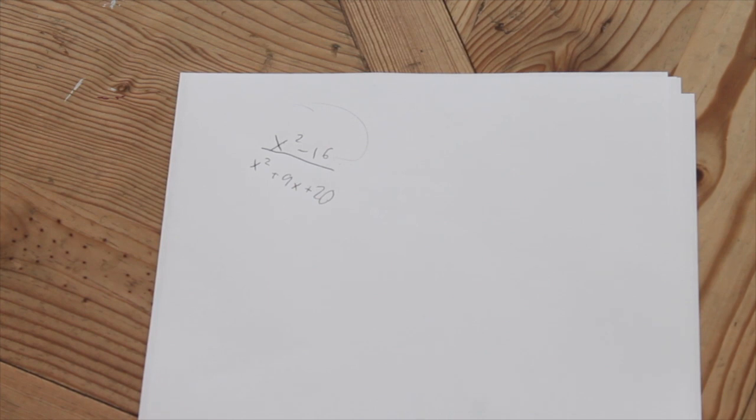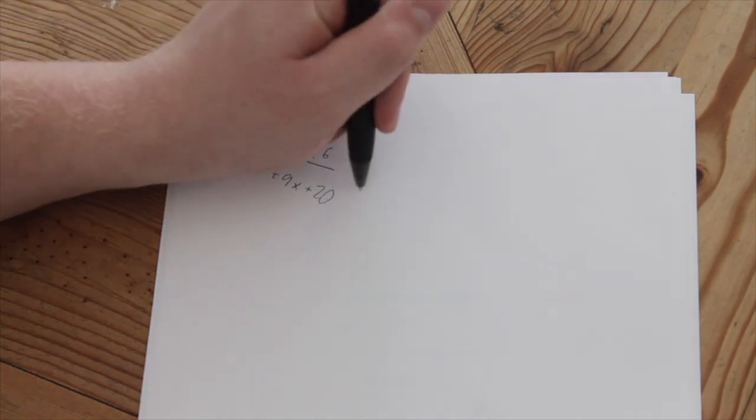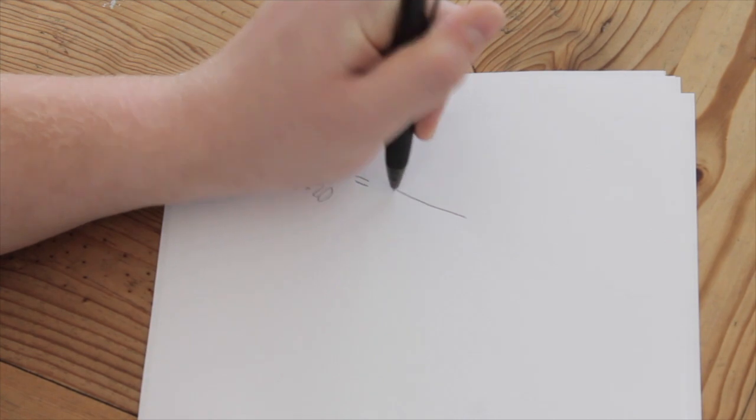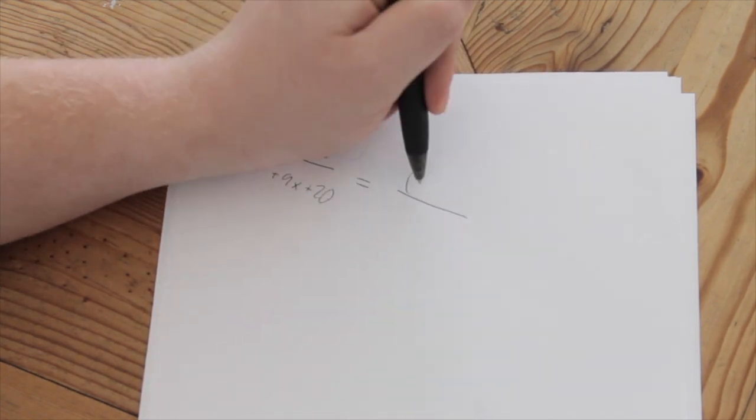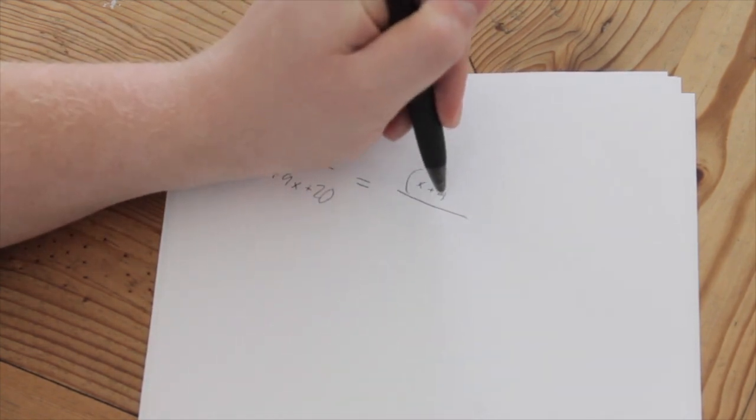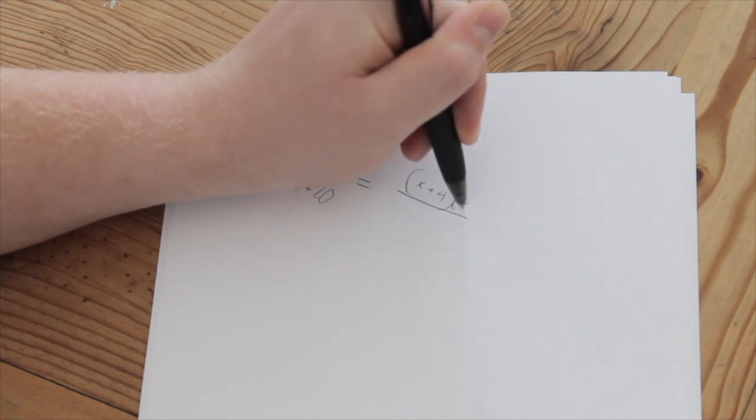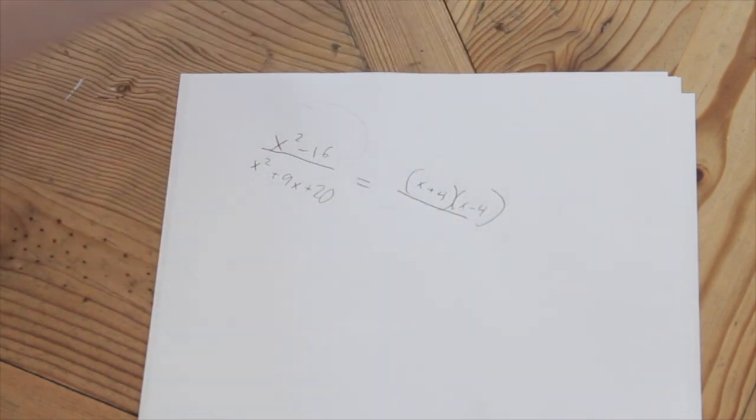So we can make the top x plus 4, x minus 4. You can check my math on that, but I know that is correct. If you look here at the bottom, what goes into 20? 4 times 5. And what adds to 9? Well, that's 4 plus 5.